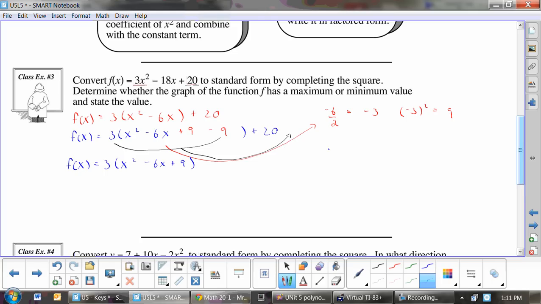And negative 9 times 3 is equal to negative 27. Minus 27. Okay? So to get that negative 9 out of the brackets, you have to multiply it by that common factor. Yeah, because we need the positive 9 in there so we can complete the square, but we had to get the negative 9 out. Okay?